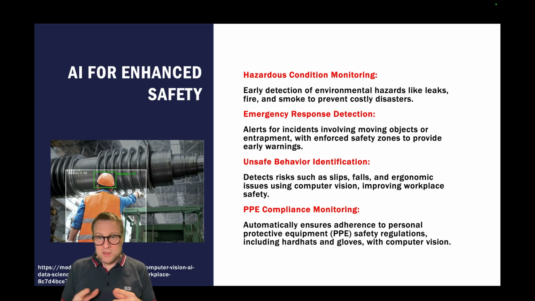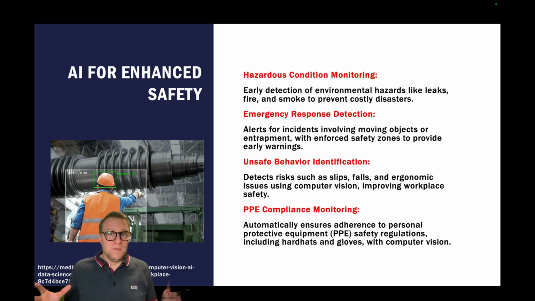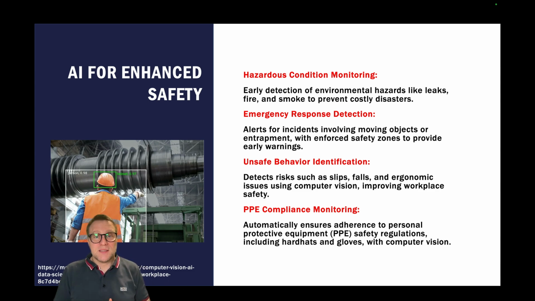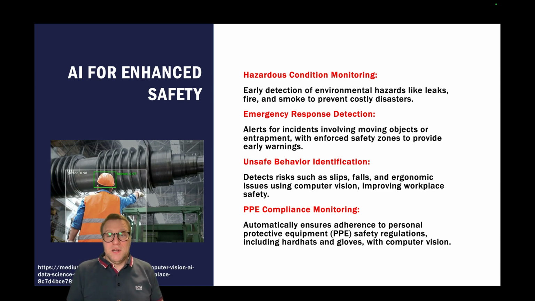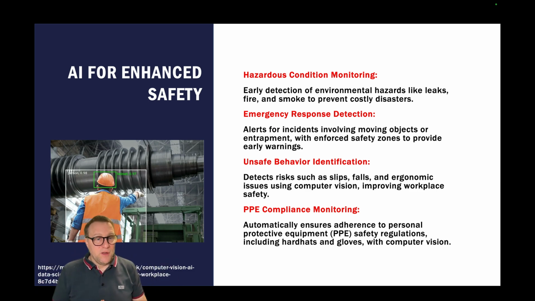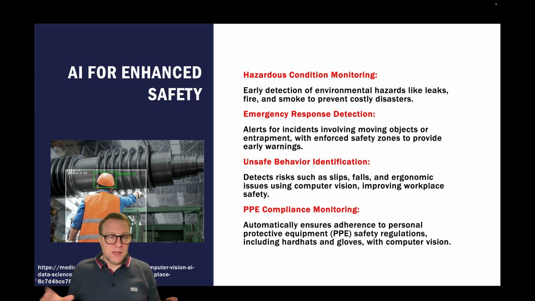We have emergency response detections, alerts when moving objects detect unsafe behavior, to improve the workplace safety overall. Or if you really go to personal protective equipment, think about hard hats, to detect whether you are wearing them. We also had cases in COVID: are you wearing a mask? So there are many cases. You cannot list all cases here.